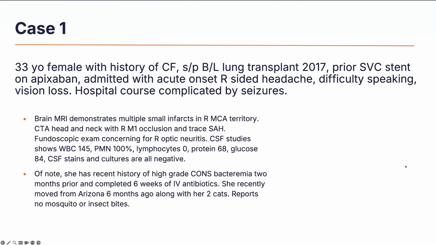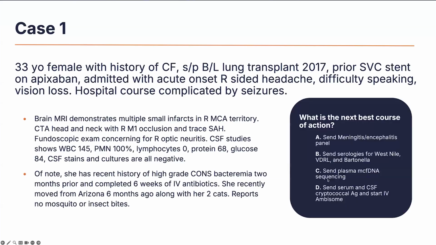So if you come across a case like this in your practice, what would be your next step in approaching this patient? Would you do a meningitis encephalitis panel, or would you do serologies for West Nile, syphilis, or Bartonella? Or would you go ahead and order a Karius test?